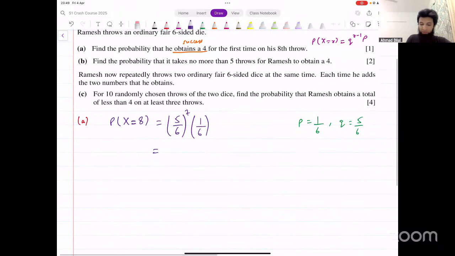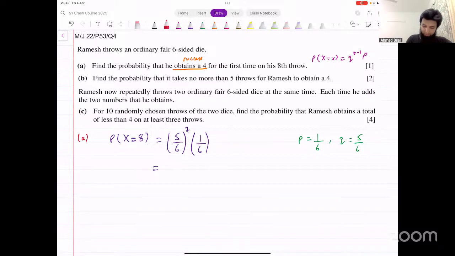Can somebody please do this calculation? 0.0465. Okay, thank you. So 0.0465, that's the result that we get.